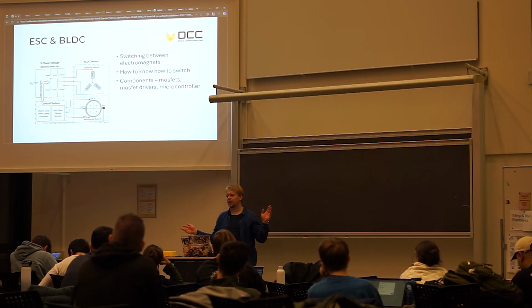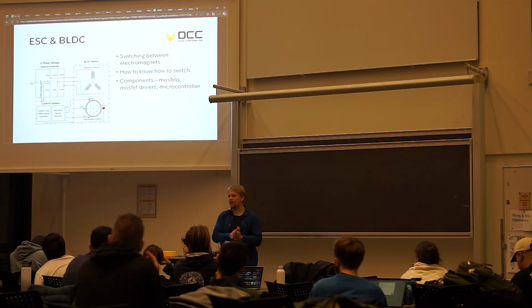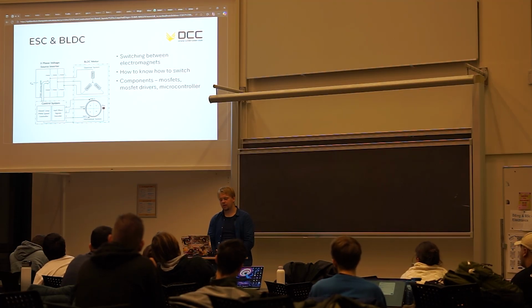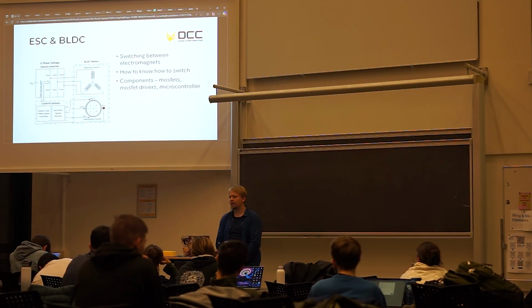For our applications, if we're spinning a prop, we usually want higher RPM. We can actually get away with running no sensors, and so not all, but most of the motors have no sensors, and the electronic speed controller itself actually checks when the next phase comes.